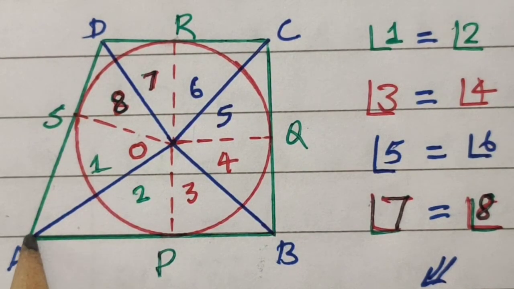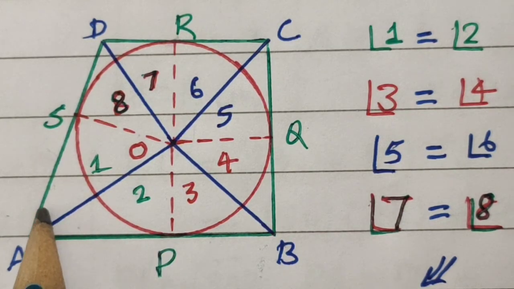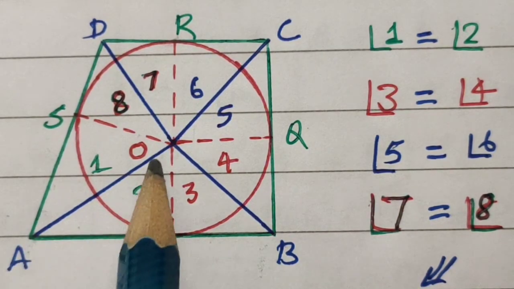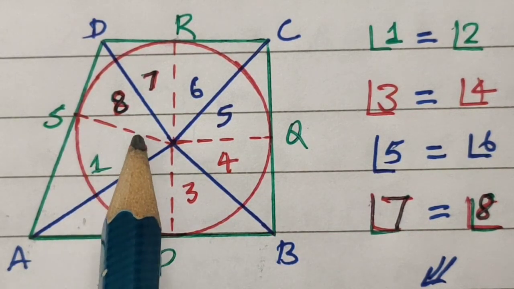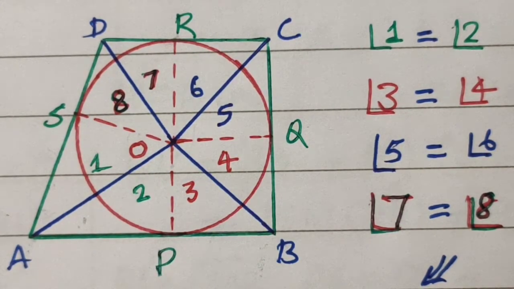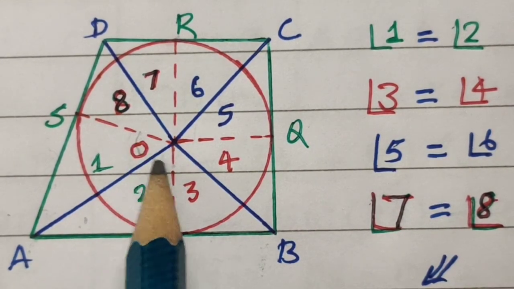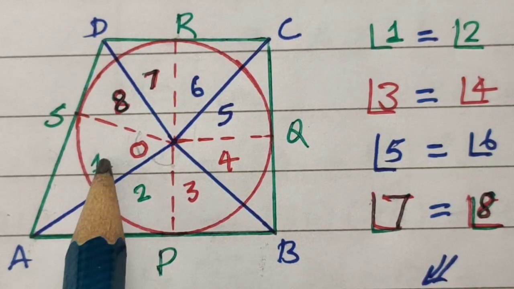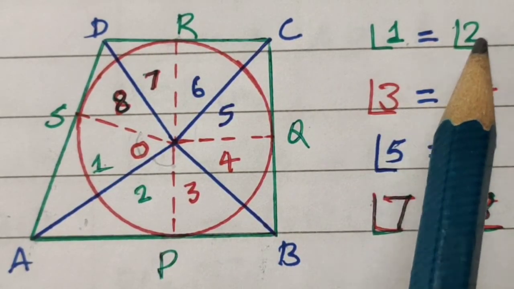If we draw two tangents from this point to the circle, these two tangents are equal, and the angles made at the center are equal. Therefore, this angle is equal to this angle. Angle 1 is equal to angle 2.